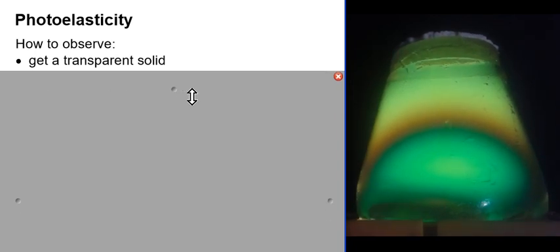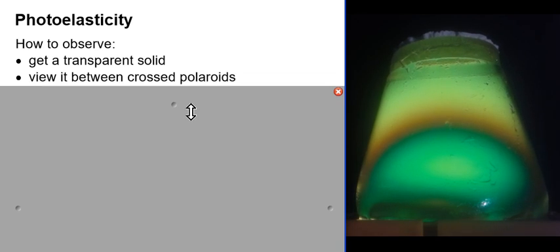How to observe it? Basically, the way I just said it, it's going to work with a transparent solid, like jelly. You need to view it ideally between crossed Polaroids is an easy way to do it, although in this case I don't need two Polaroids since my LCD screen is already polarized. But if you've got an unpolarized light source, then you need to put a Polaroid in front of it.